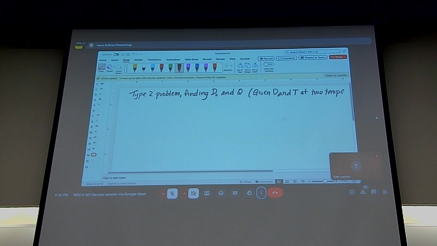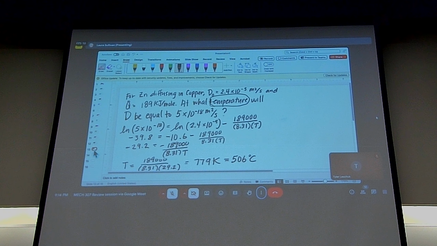Wait, can we do the type 1 problem? That's what I just did. Oh, okay, then never mind, sorry. That's all right. I thought the type 1 problem is like finding Z and stuff. Oh, so we had type 1 and type 2 problems for non-steady state, but that's not on the test.